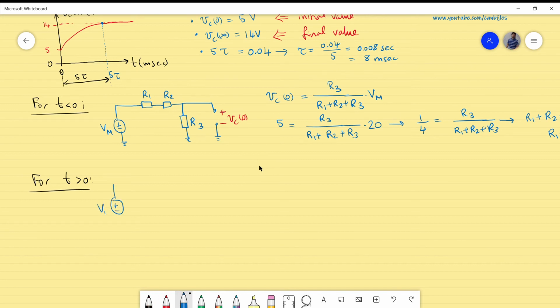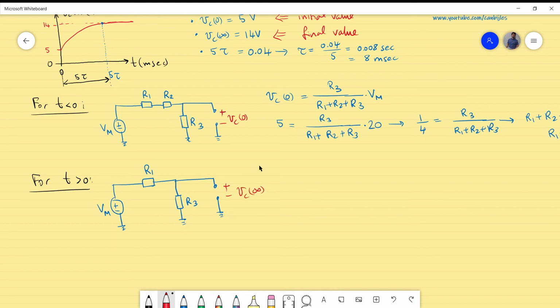So what we have is the following. So we have the Vm, and that's just connected to R1, and then R3 going to ground, and again we have the capacitor as an open circuit, which will be modeled in this case, and this is for the steady state value or the final value.